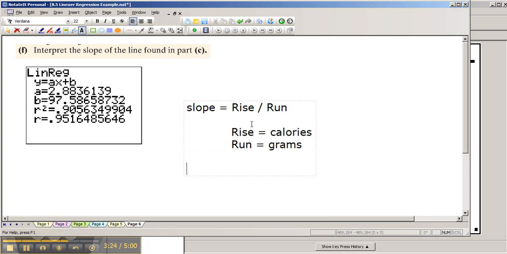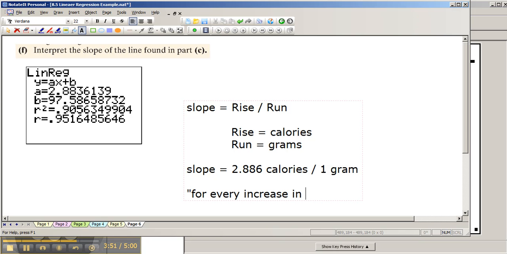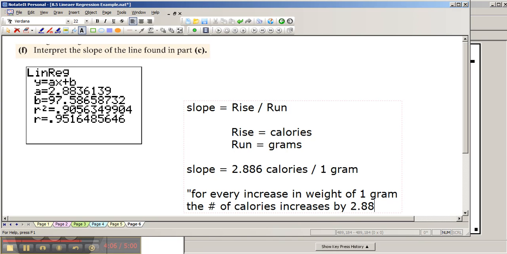Okay, so if the slope is equal to 2.886 calories over 1 gram, then the interpretation, and this is the answer, would be: for every increase in weight of 1 gram, the number of calories increases by 2.886.